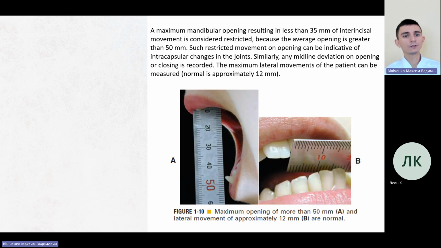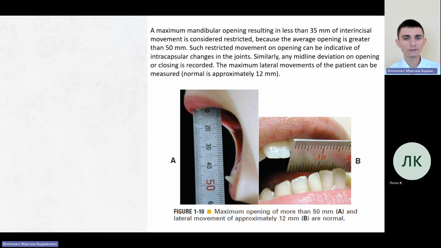A maximum mandibular opening resulting in less than 35 millimeters of interincisal movement is considered restricted, because the average opening is greater than 50 millimeters. Such restricted movement and opening can be indicative of intracapsular changes in the joints.